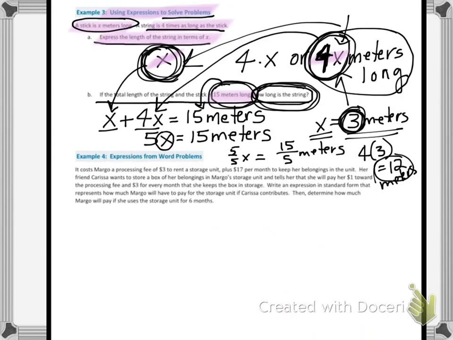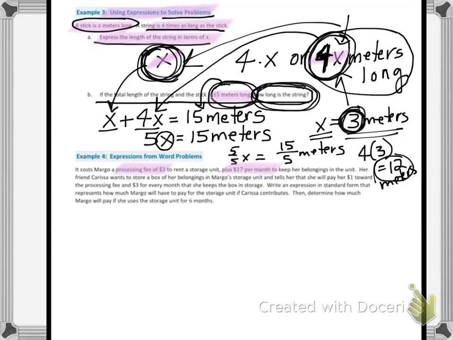Okay, so some more application to real-world problems. Okay, here we go. Example 4, expressions from word problems. It costs Margot a processing fee of $3 to rent a storage unit, plus $17 per month to keep her belongings in the unit.